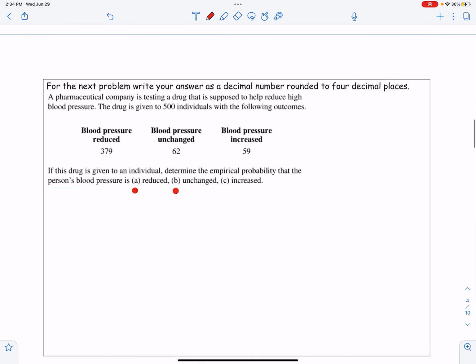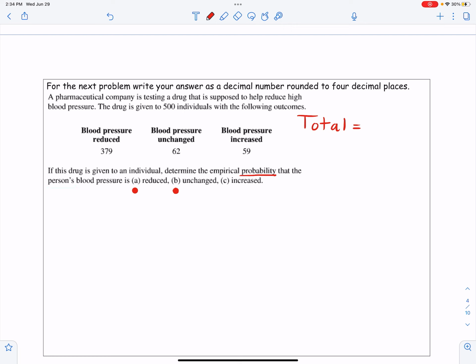All right, so we're going to look at one more here with empirical probabilities where we're given the number of each type, and then we're going to switch and talk a little bit about theoretical. So again, anytime I'm going to be working with probabilities, I know I'm going to have the total for the experiment.